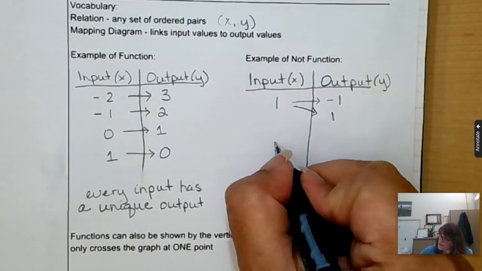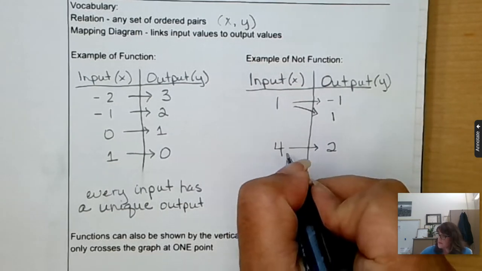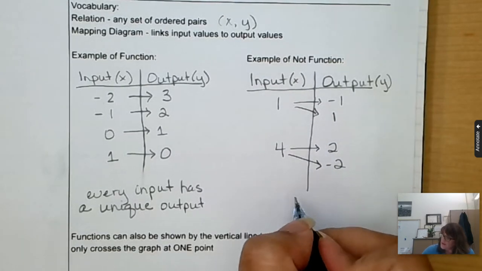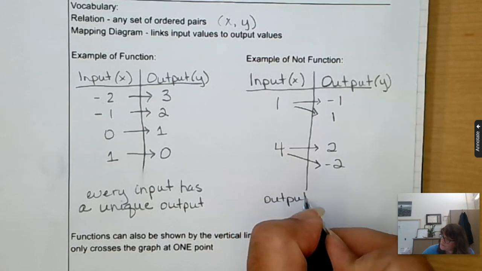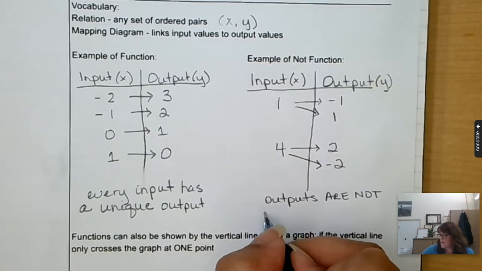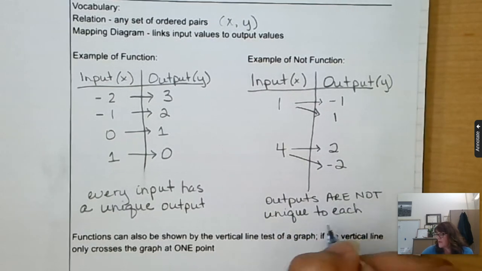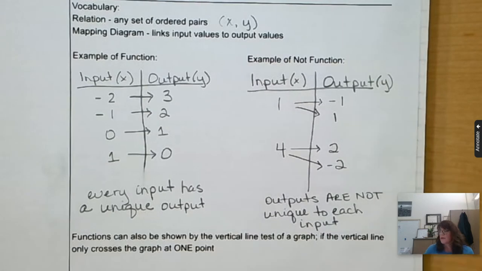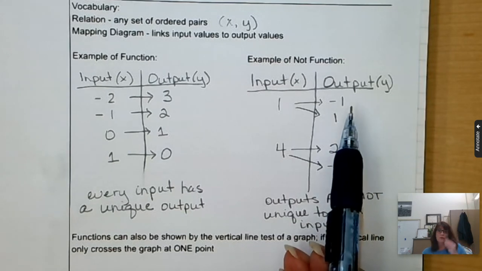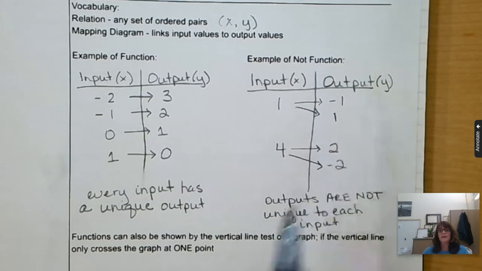My input is 4. I get an output of 2. Next time, -2. These outputs are not unique to each input. So if you put something in, you should get a unique answer. If that doesn't happen, it is not a function.